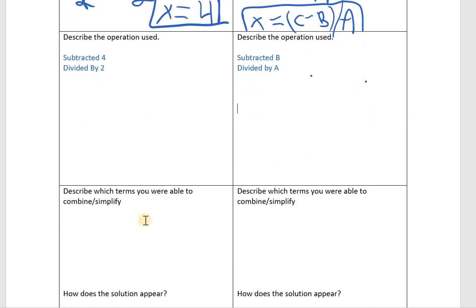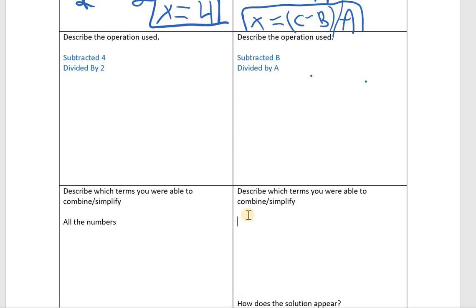So now what you're going to do is determine which terms you will be able to combine and simplify. On the left, all the numbers are combined or simplified. And here, none of the terms are the same, so they can't be combined.